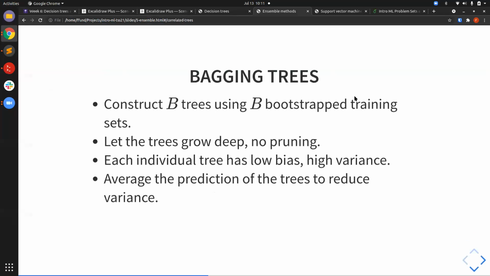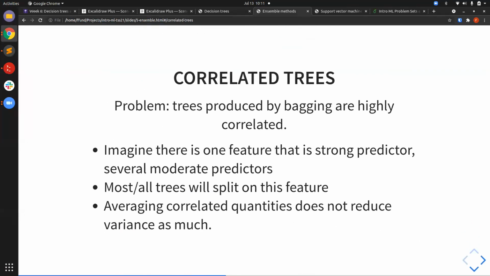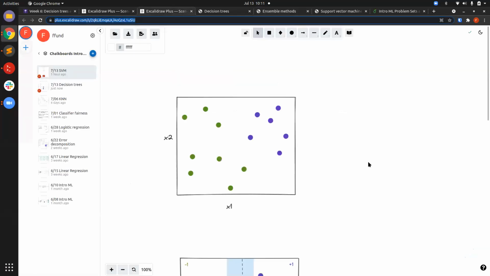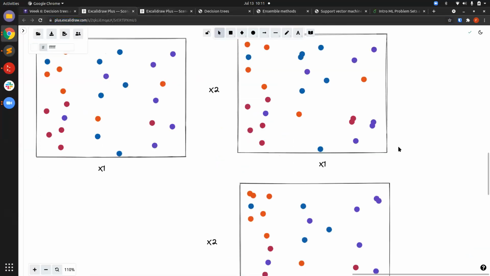Okay, so the trees end up growing very correlated. And you can imagine that if there is, let's say, a feature that's a very strong predictor, then most or all of the trees will split on that feature, even though they have slightly different data. So you end up with highly correlated trees, and you don't get the same benefit of reducing the variance.